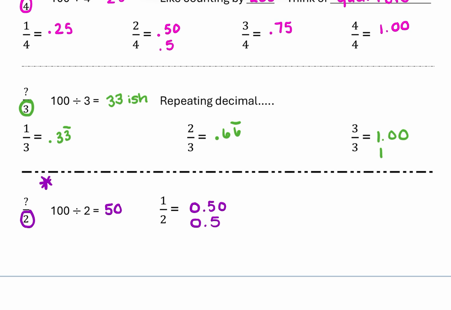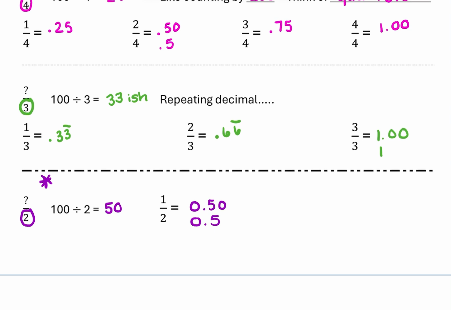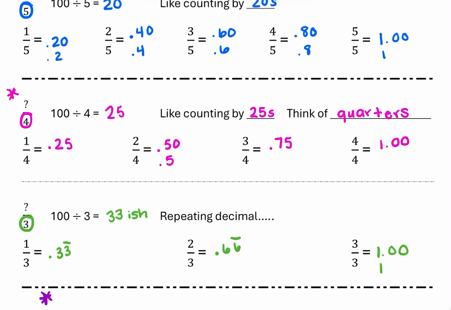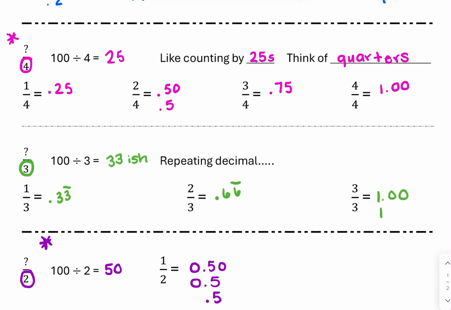There's no reason we should have to cowboy and horse 1/2 anymore. 1/2 is 0.50, 0.5, or just 0.5. All of those are the same thing. So big one to remember is 1/2. Quarters, so if there's a 4, it's like quarters. Those are the two really big ones that I need you to remember.